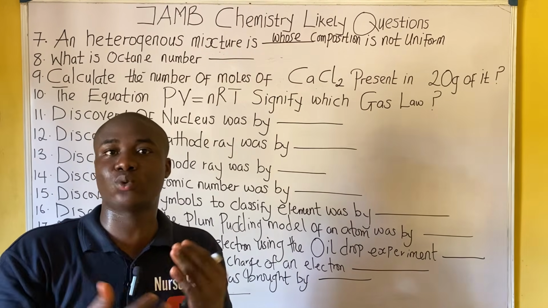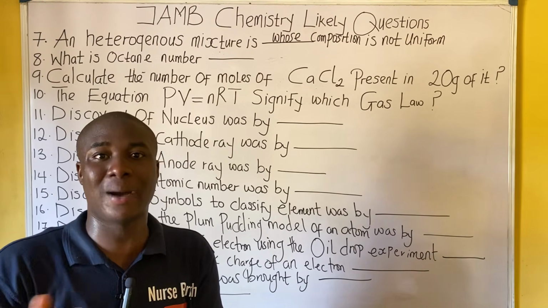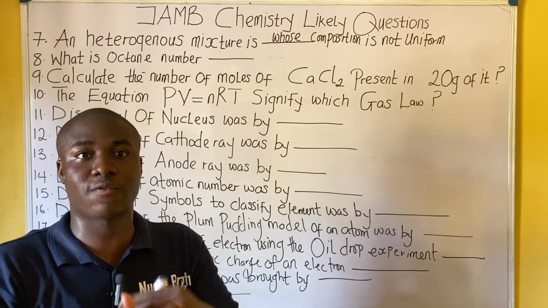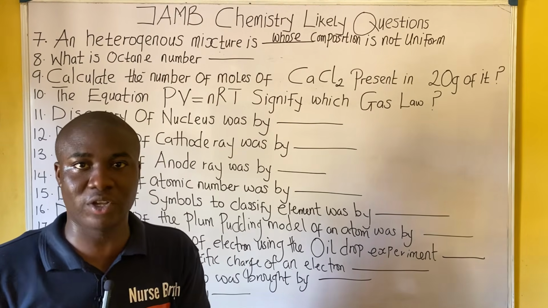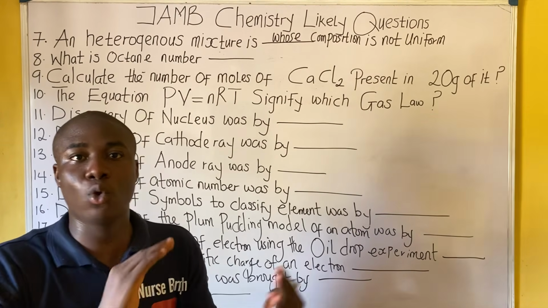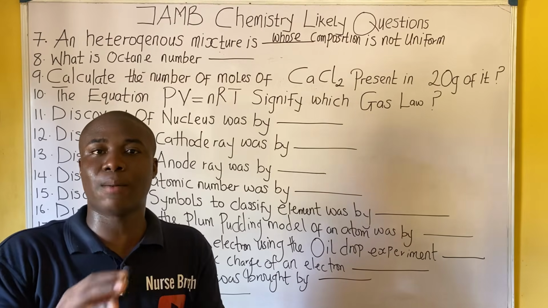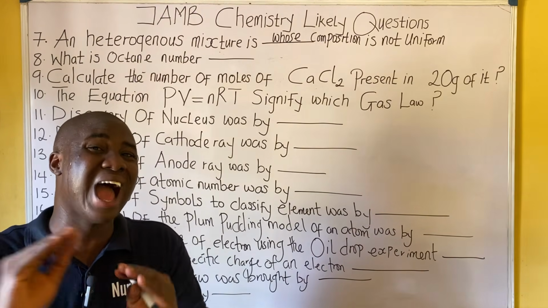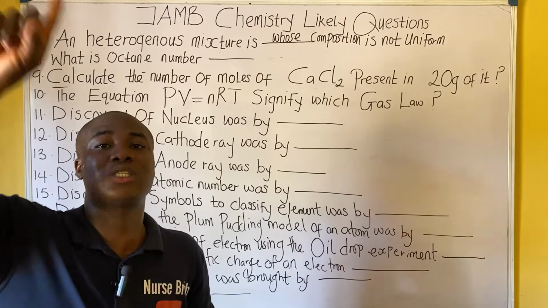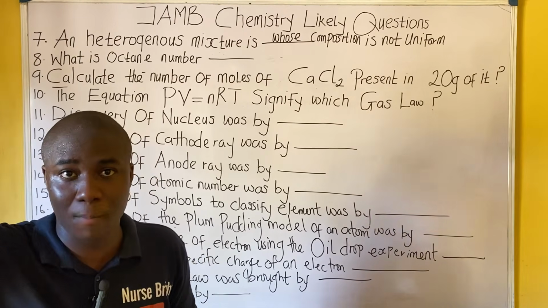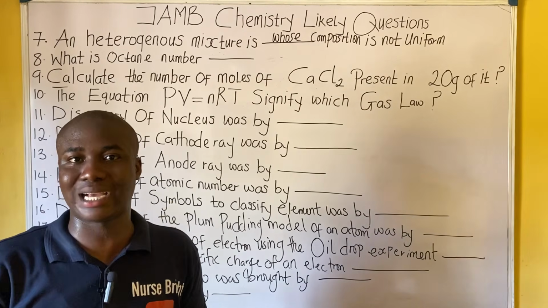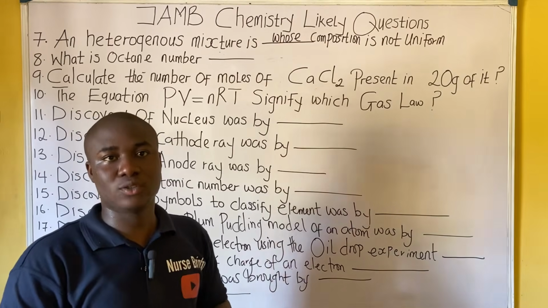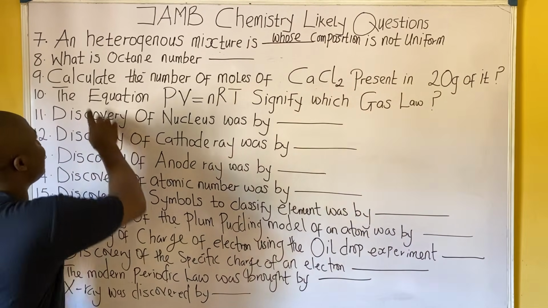Examples of engines with higher octane numbers are those cars used for sport activities, whereas engines with lower octane numbers are examples of those regular cars you see around. You understand?